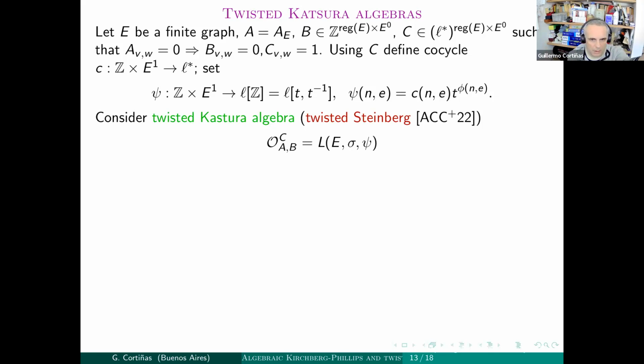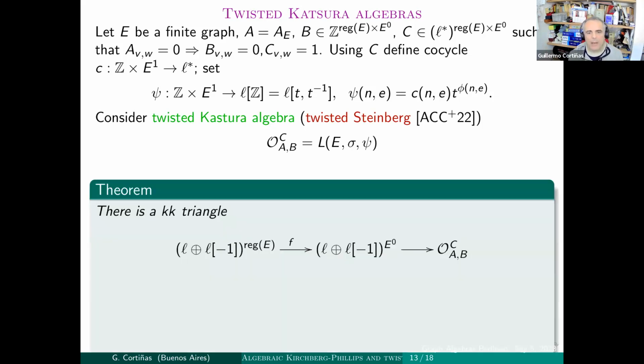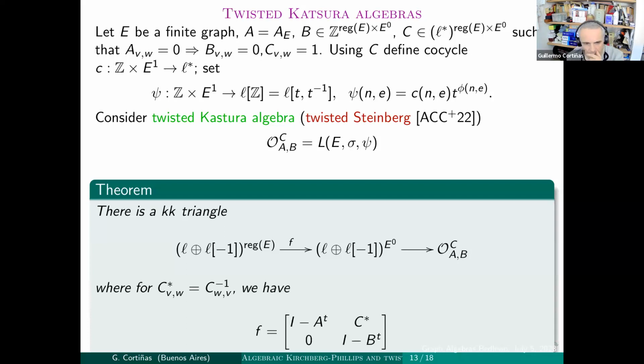So this gives you a new algebra, which I call O_ABC, which is associated to E, sigma, and this cocycle psi that I wrote above. And then one can show that there is a triangle in KK, again coming from an analog of the Toeplitz extension, where F has this form.